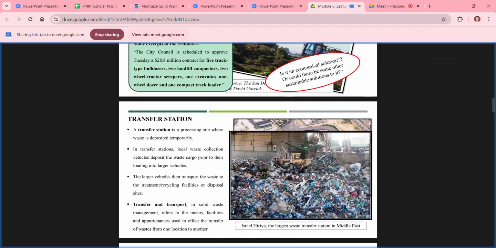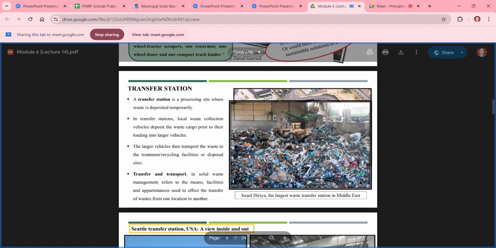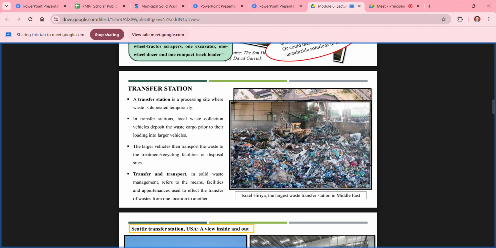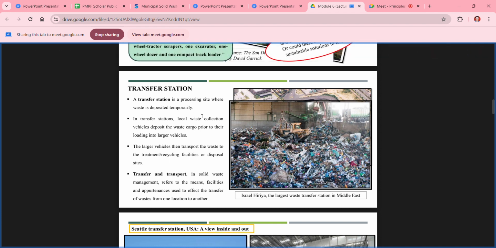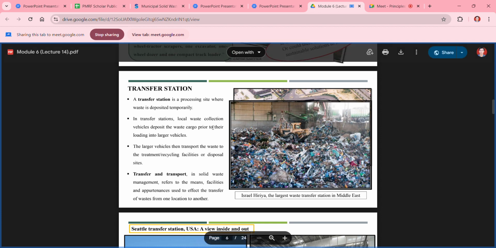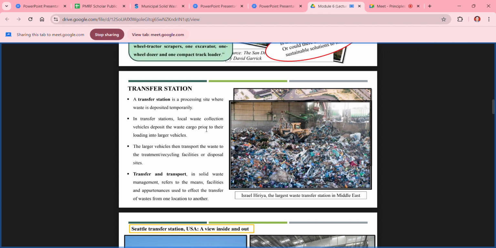There are some factors we need to consider before deciding at which location you are providing a transfer station. A transfer station is a processing site where waste is deposited temporarily. As the term describes itself, transfer: we are taking the waste from the haul site or stationary container site and putting it at a transfer station, and from that transfer station we are using even bigger trucks.